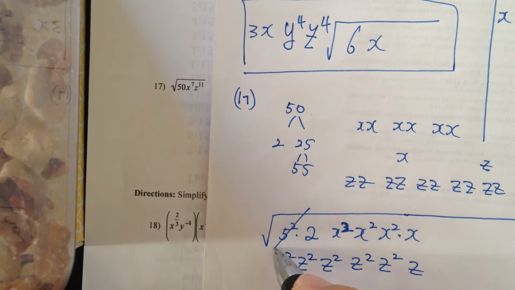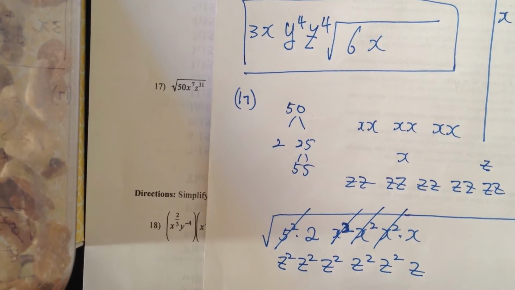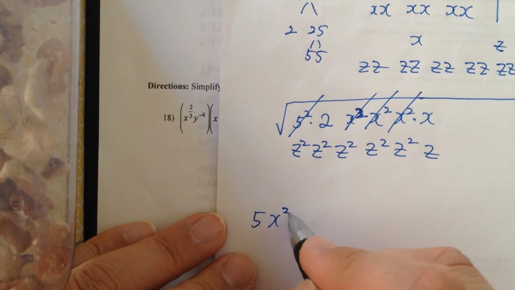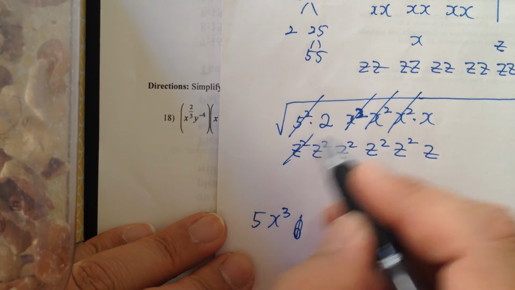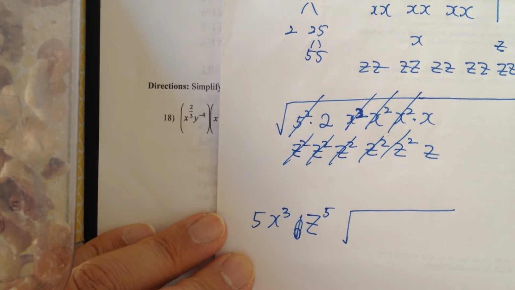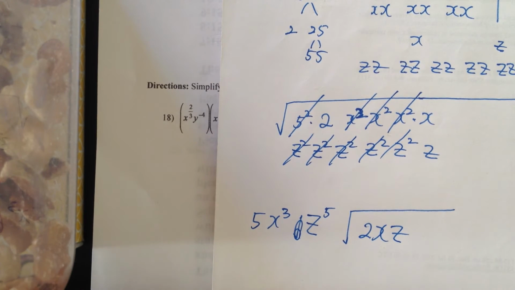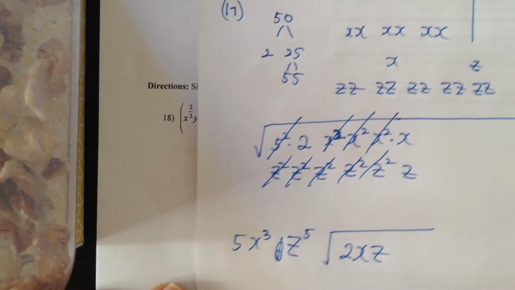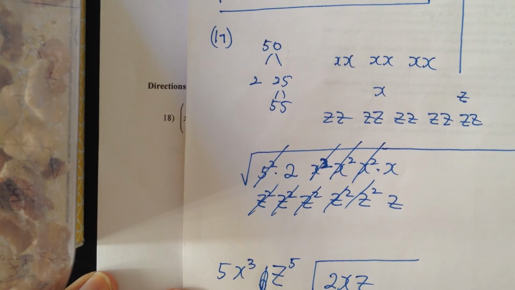So at the end, 5 x's coming out, which is 5x to the 3rd power. And they're coming out. So the leftover here will be 2xz. Okay. So that was number 17.